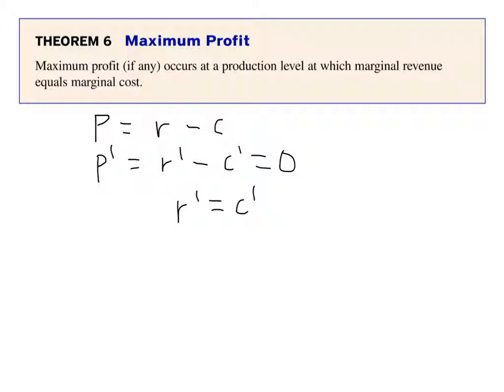So in order to find how we can maximize profit, and a lot of econ majors, when you go and take economics, these will be some problems that you're given: we need to maximize our profit, so you'll have to set the marginal revenue equal to the marginal cost. So maybe you can impress your friends in college about why we do that with this little proof of this theorem.